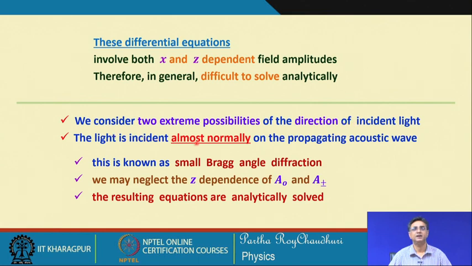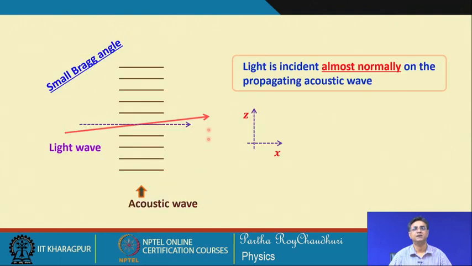The light is incident almost normally, this is one possibility, that is the one which I described, almost normally on the propagating acoustic wave, and that is what is known as small Bragg angle diffraction. And in that case, you can see this is the acoustic wave, this is z direction, and now this angle is very small, it is almost close to this x axis, and we call this small Bragg angle diffraction.